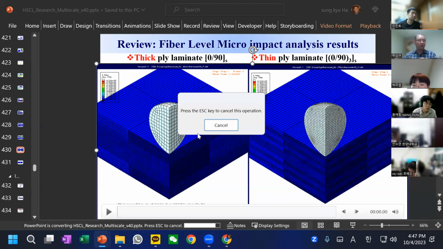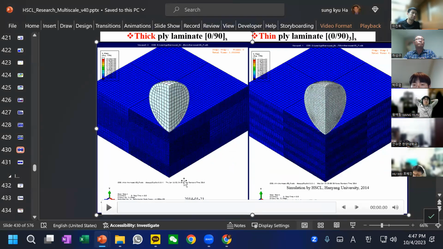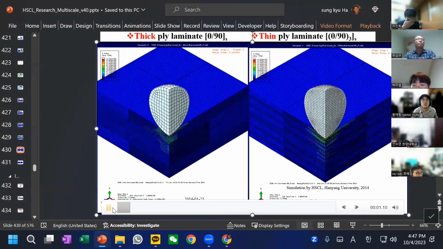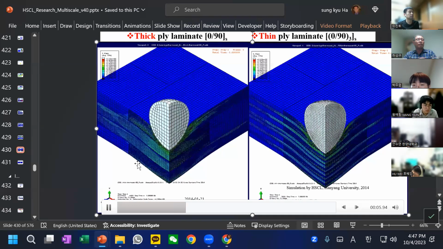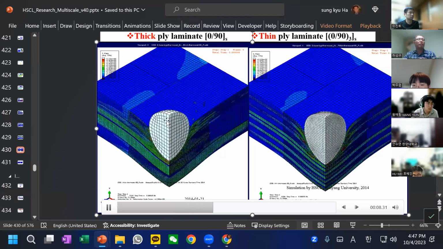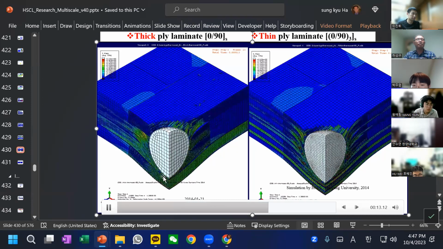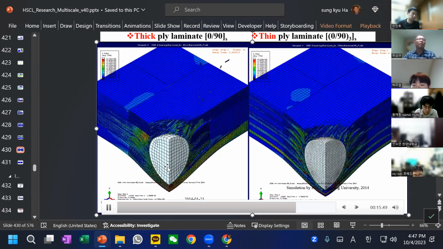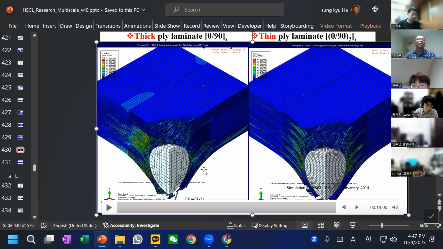Okay, well, as you can see through this impact, this is a center view, quarter view, and you can see how this impactor can go through and penetrate into composites.